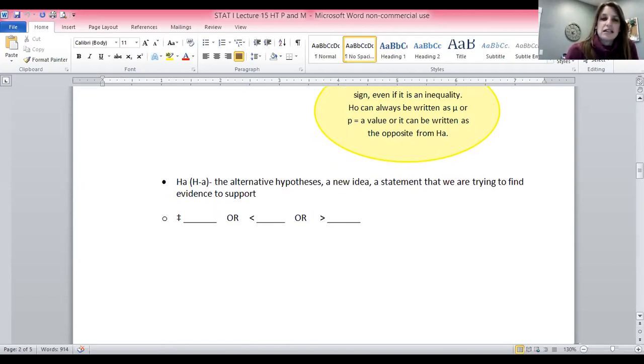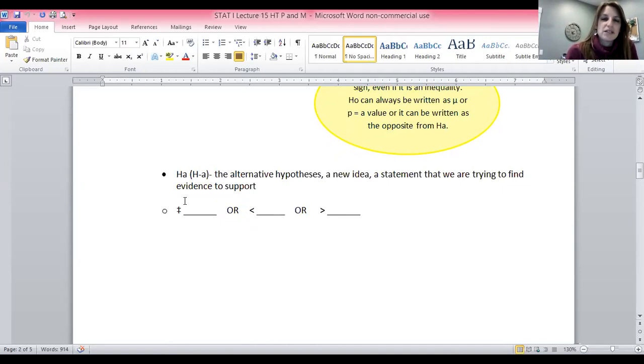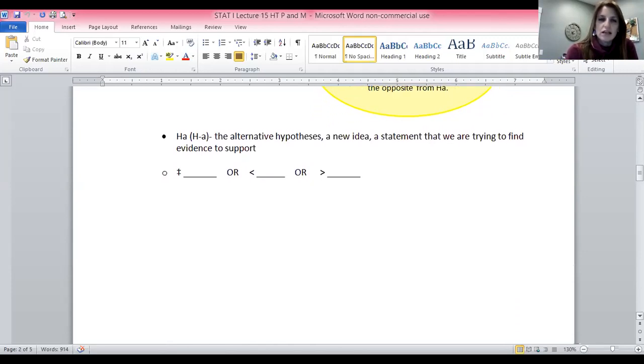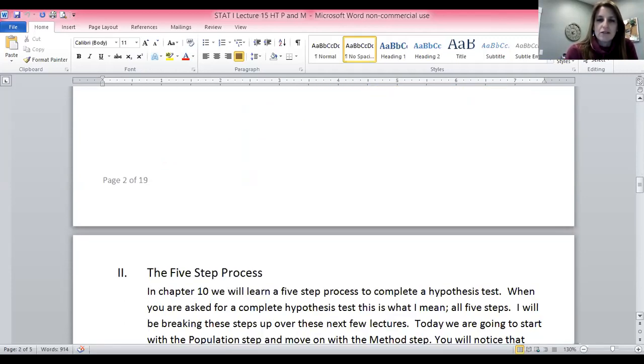My HA is always going to be a not equals, or just an inequality that does not have equals. So not equals, less than, or greater than, okay? And like I said, you can always write your null opposite from the HA. So if your HA is less than, then your null would be greater than or equal to, okay?